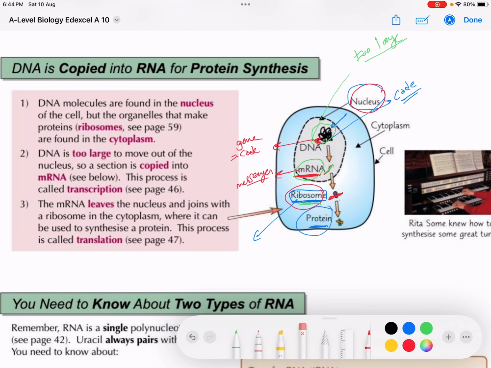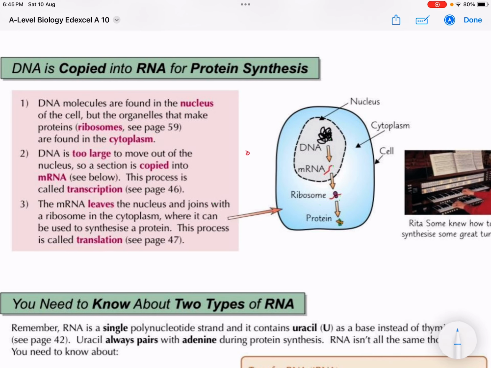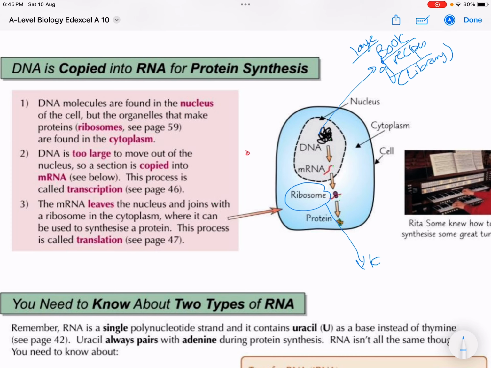I always like to give an example that maybe would make it clear for students. Think of the DNA that has all the genetic instructions as a book of recipes. This is a very large book of recipes that has the recipes for everything. This book, guys, is kept in the library. But where we cook is in the kitchen, right?